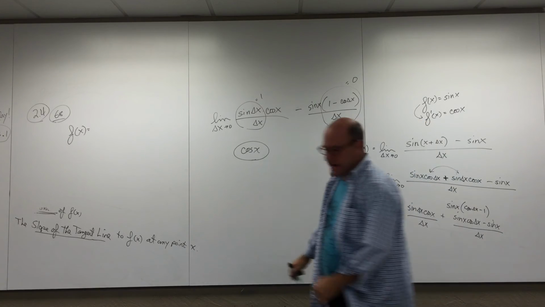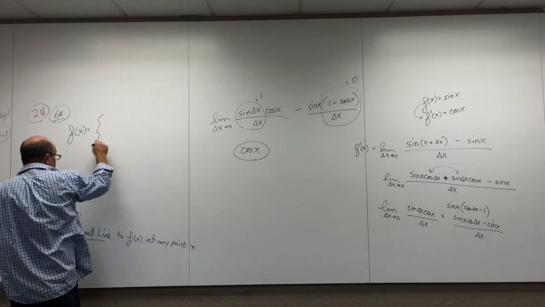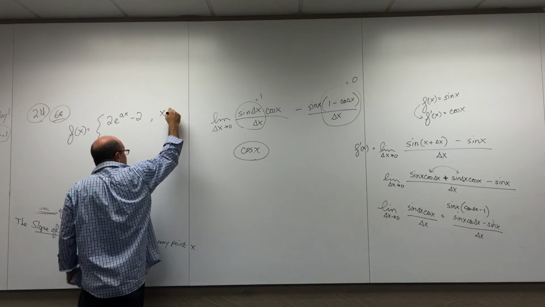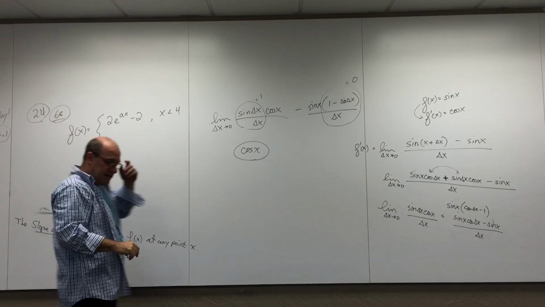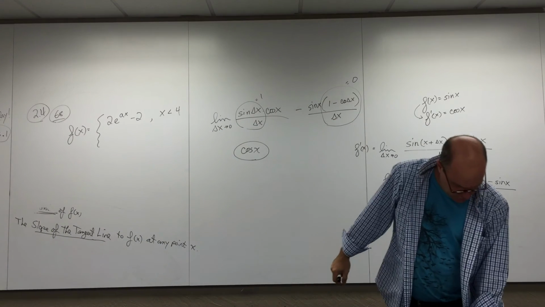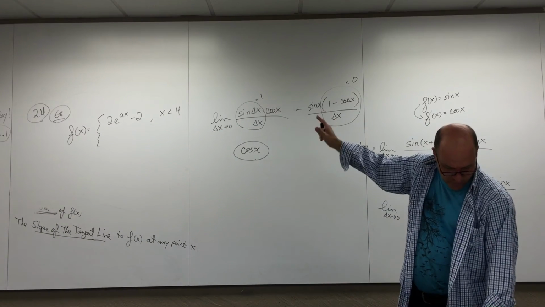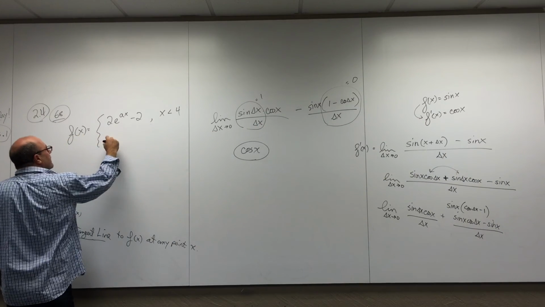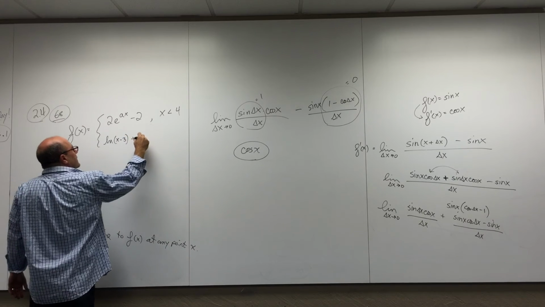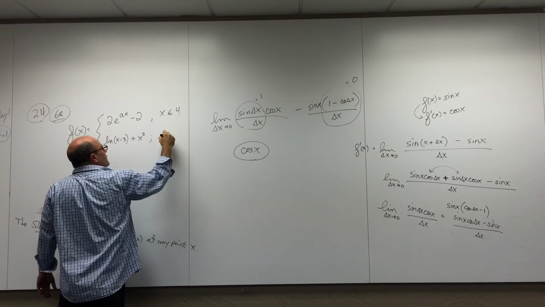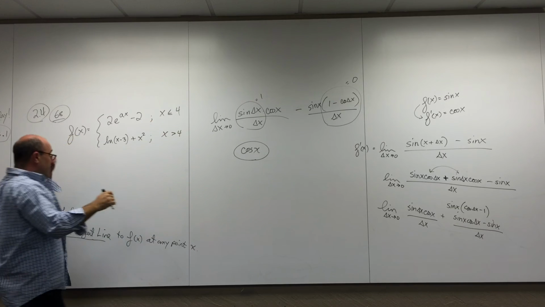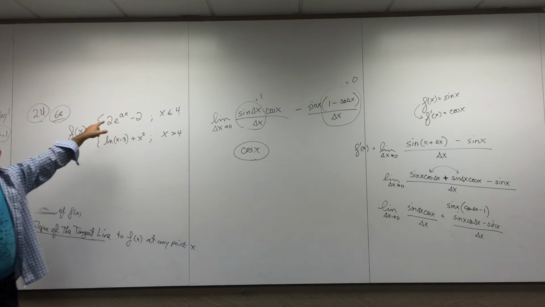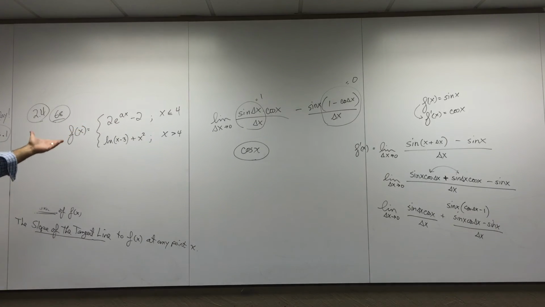It's a piecewise function: 2e to the ax minus 2 when x is less than or equal to 4, and ln x minus 3 plus x squared when x is greater than 4. What's funny is it's got this little constant a, this unknown a in it.